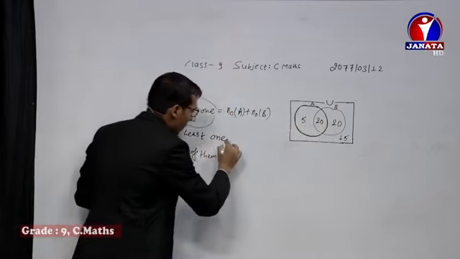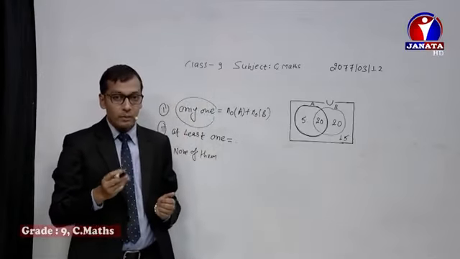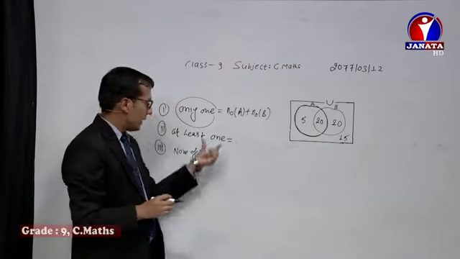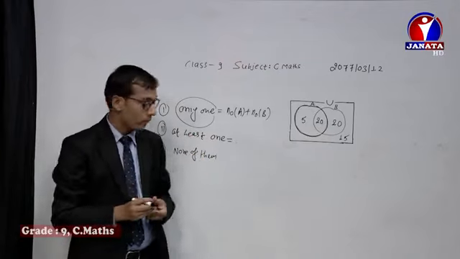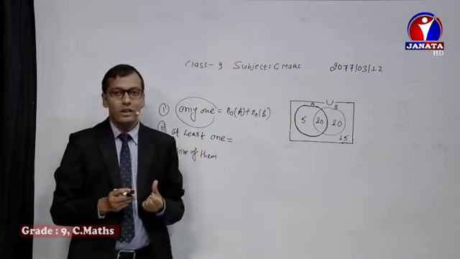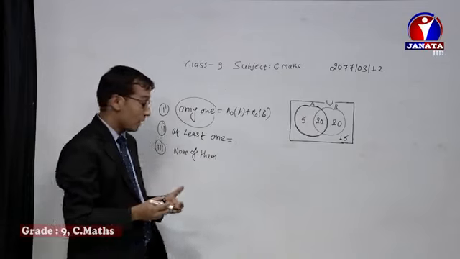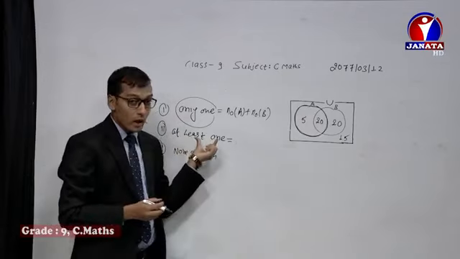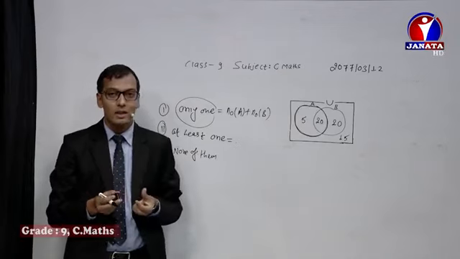Similarly, at least one. So what is the meaning of at least one? If we are asked to find the number of students who like at least one subject, the meaning of at least one is minimum one. But there are three different chances.